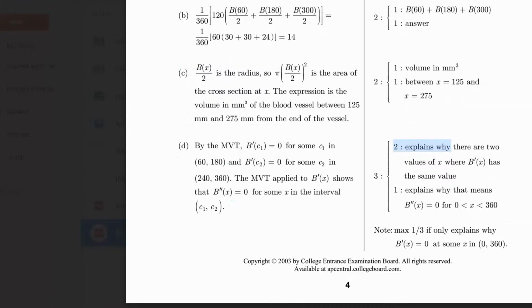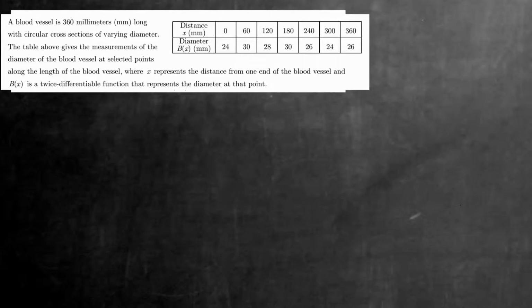I really like the thinking on part D. Explain why there must be at least one value x for 0 to 360 such that b double prime of x equals 0. And I think there's a couple ways to go about this, but I think a really neat way to do it is to use our mean value theorem and start with the derivative.